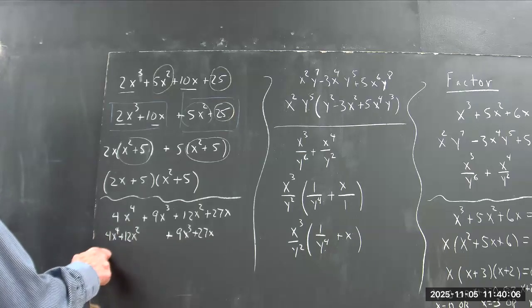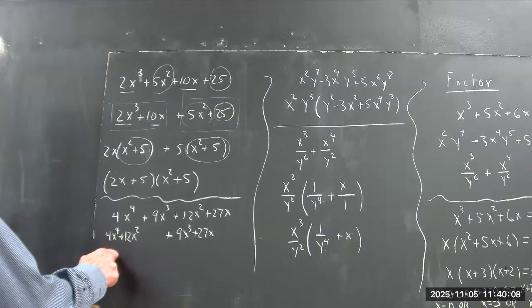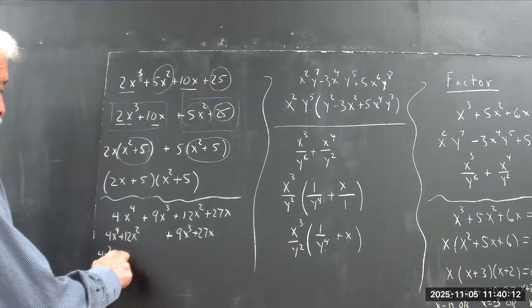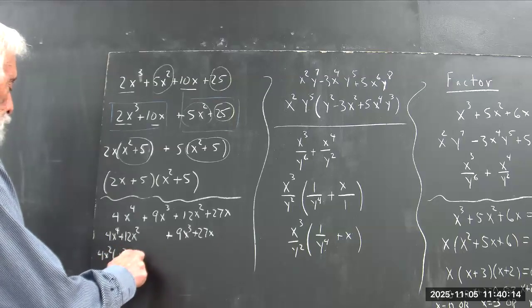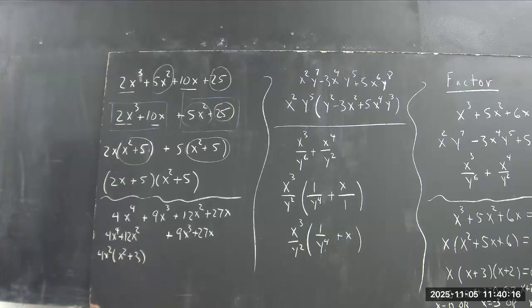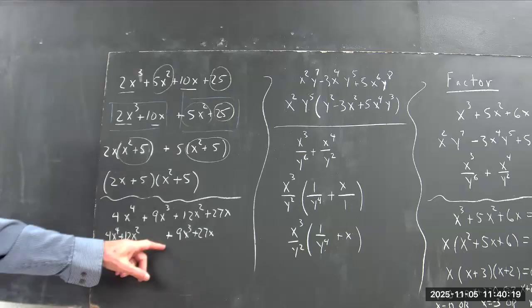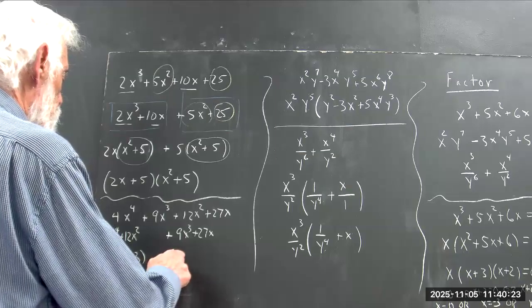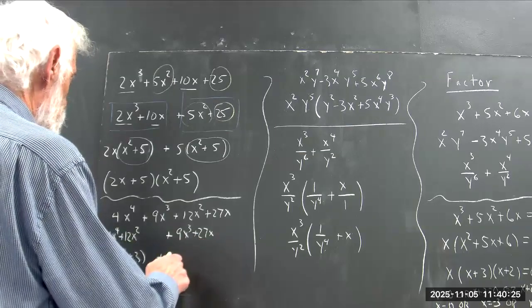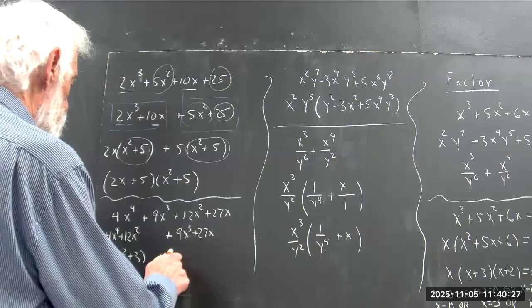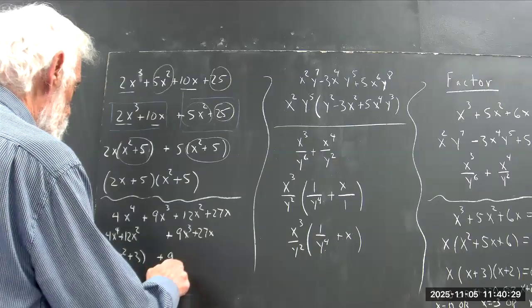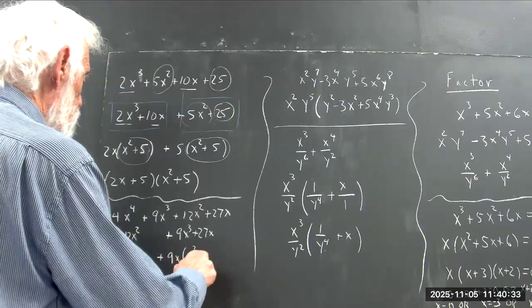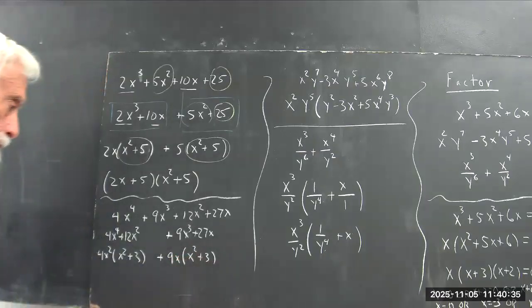From this term, we could write this as 4x squared times x squared plus 3. And on this one, we could write this as 9x times x squared plus 3.